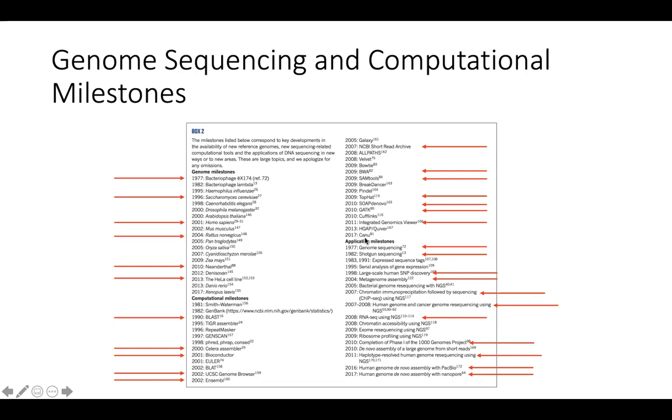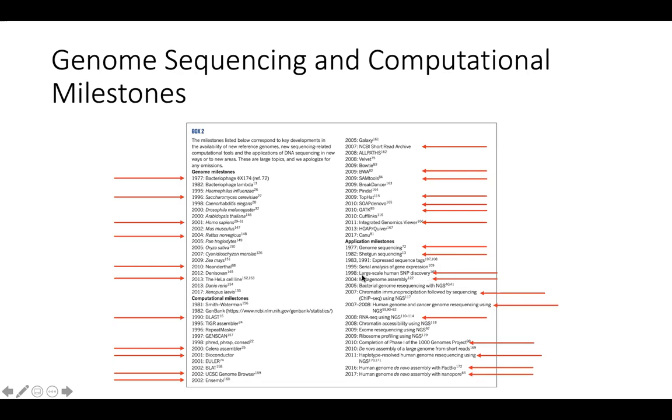Okay, now we turn to the application milestones. So the first genome sequencing was done in 77. That was the bacteriophage. And then in the end of the 90s, we already had, honestly, this is very new to me because I obviously do not know everything that happens in this field.